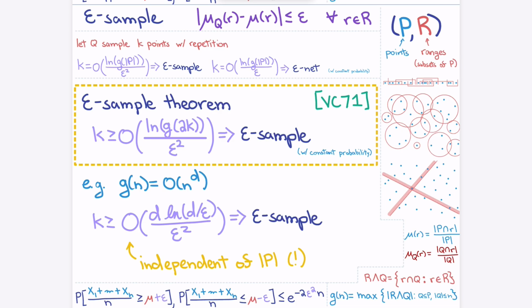And you get all disks. This is completely independent of the input size p. It's totally a function of the geometry encoded in this d. So d is some kind of complexity of the range space, right? Higher d, higher growth function. So disks in the plane, completely independent of the input size.